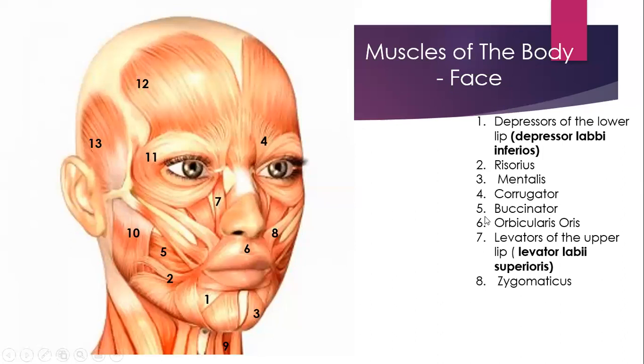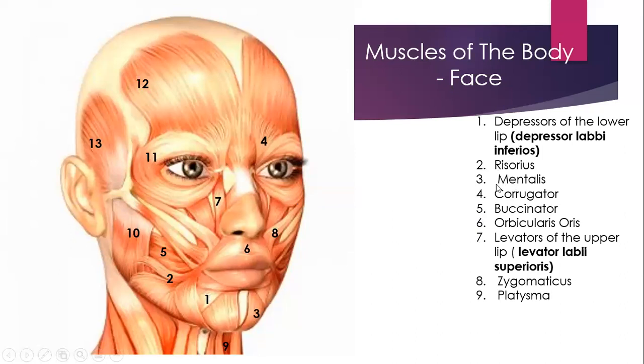Number 8, again, another muscle which is at the corners of the mouth, but more so located towards the top, coming at an angular direction, your zygomaticus. You've also got your zygomatic bone as well, underneath here.